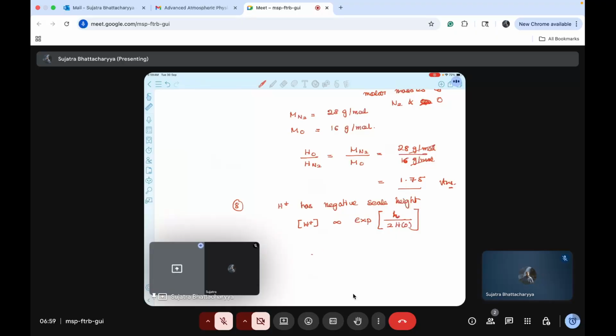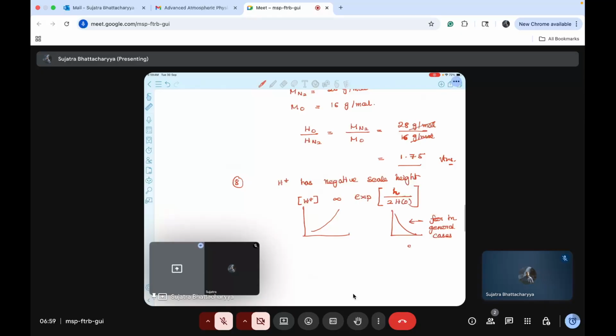It's not that the concentration is decreasing. That is for the general cases, where scale height is positive, things should decrease, whether it is pressure or concentration.